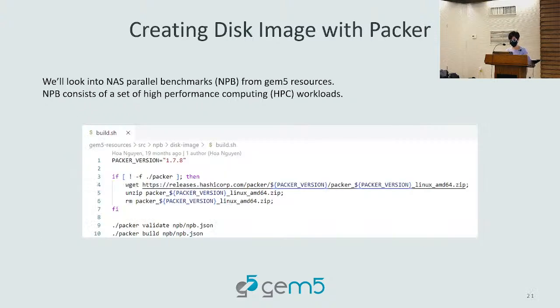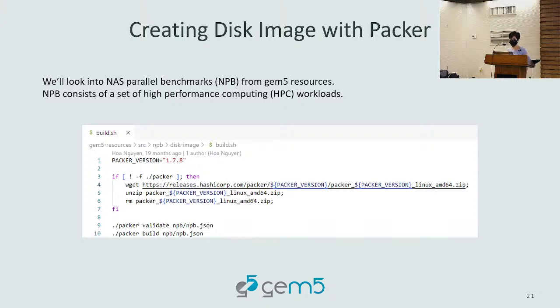For this purpose, I'm going to use an example from the gem5 resources, the NAS parallel benchmark, NPB. We're going to see what happens in the files that they have provided for that benchmark resource for creating a disk image functional for that specifically. NAS parallel benchmark is basically a set of HPC workloads.